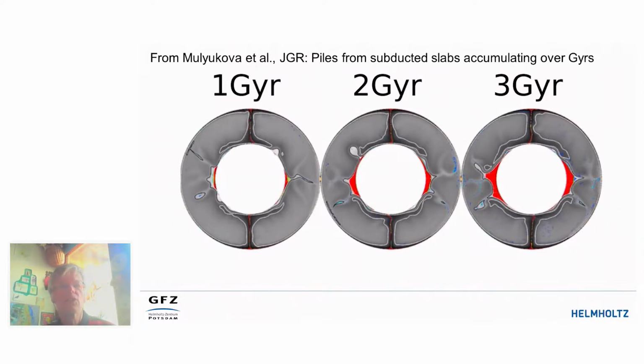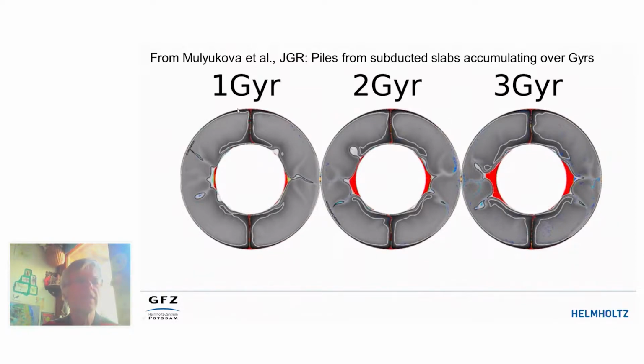And this is just to show, these are images from a model run by Elvira Mulyukova during a PhD she did with me. The color shows the amount of crustal material.